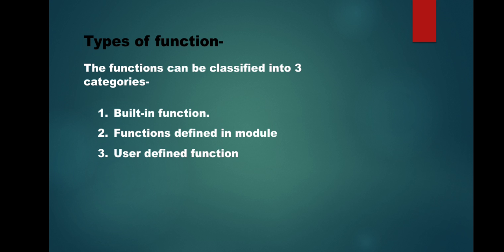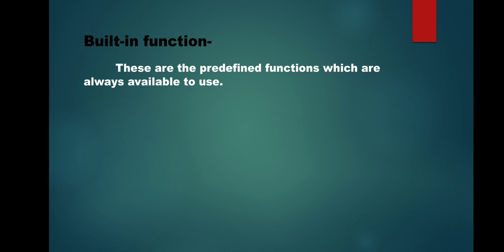Now moving on to the types of function. The Python functions can be classified into three categories. The first one is built-in function. The second is function defined in a module. And third is user-defined function. Starting with the very first category, built-in function.